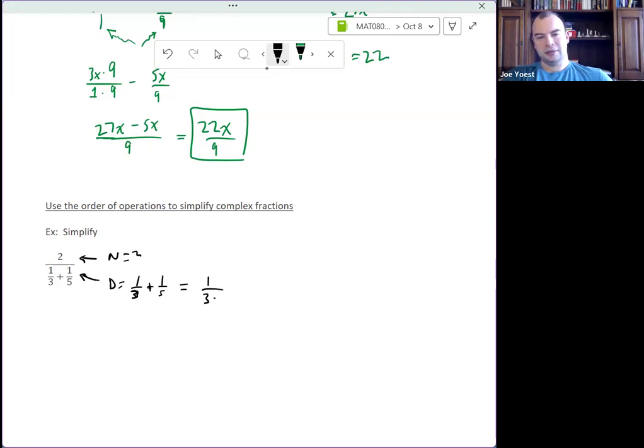I have to multiply 3 by 5 to get 15. And I need to multiply 5 by 3 to get 15. Or this is 5 plus 3 over 15, or 8 over 15 for the denominator. So my denominator ends up being simply 8 over 15.